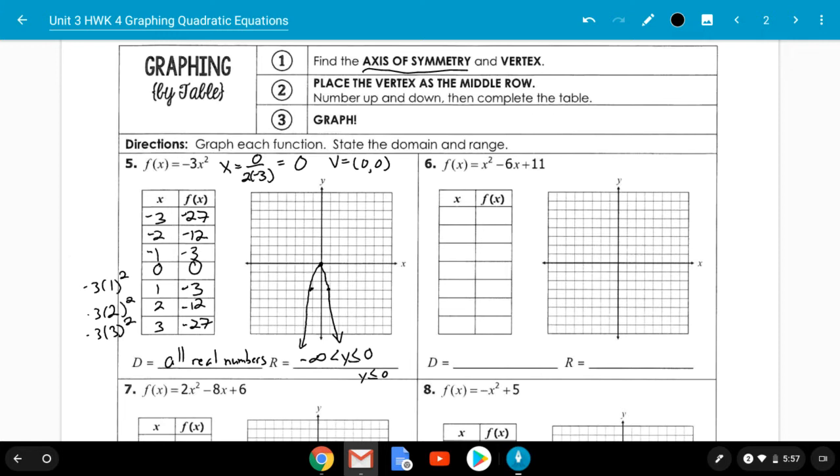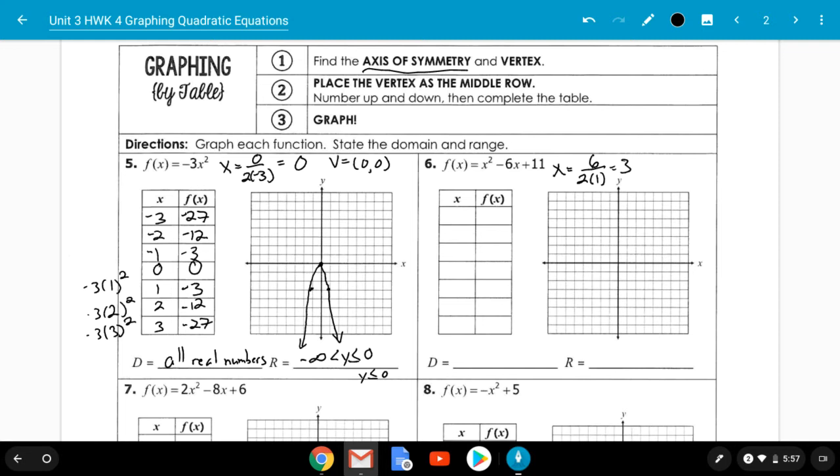So again, first step is find the axis of symmetry and therefore the vertex. So I'm going to do negative b. What's b here in my problem? It's negative 6, so negative and negative makes me positive. So 6 over 2 times a, 2 times 1, which is 3.